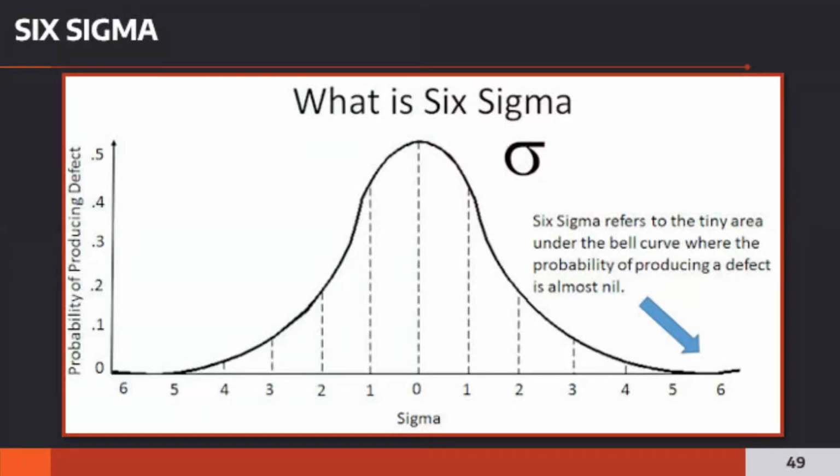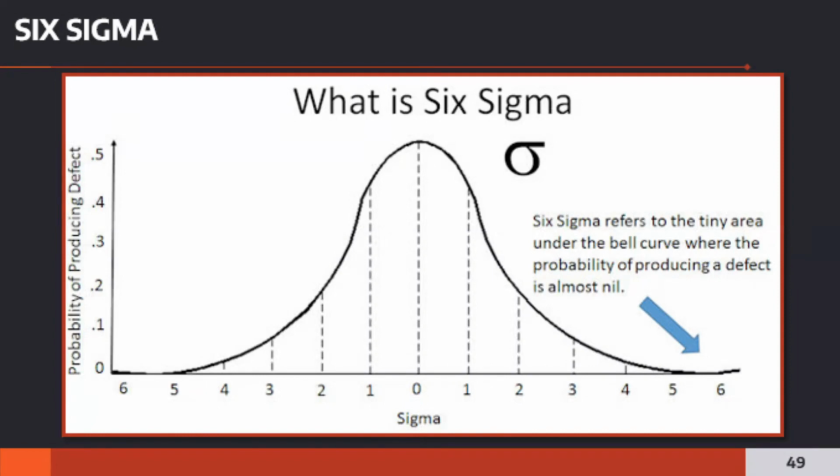Okay, to give you an idea, that is the symbol of sigma there, the top. It's like a circle or a ring with a tail, right? That's a sigma. So when we talk about 6 sigma, this refers to that tiny area under that bell curve. So this is our bell curve now.